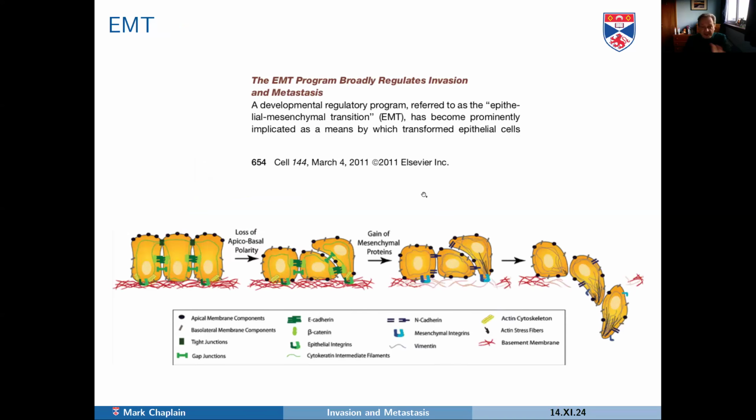So this is a little schematic diagram of this EMT, the epithelial mesenchymal transition. And here you can see epithelial cells in their normal state. So they're connected together with adhesive junctions, and they're sitting on some kind of basement membrane, which is the layer between them and the extracellular matrix.